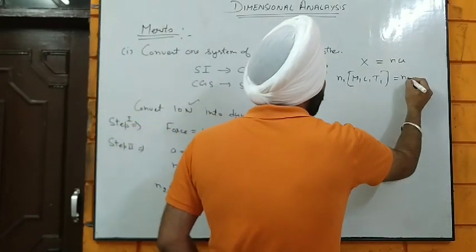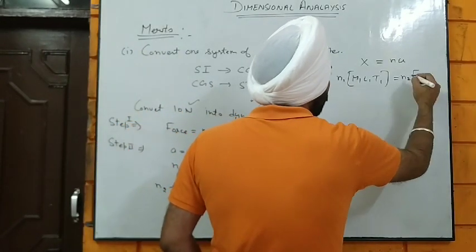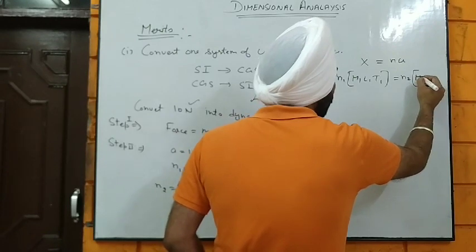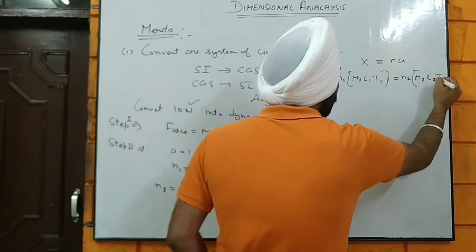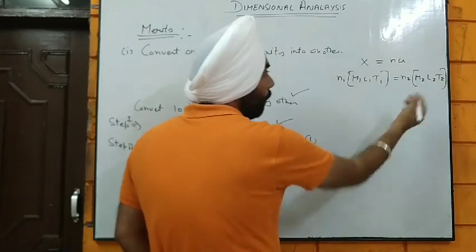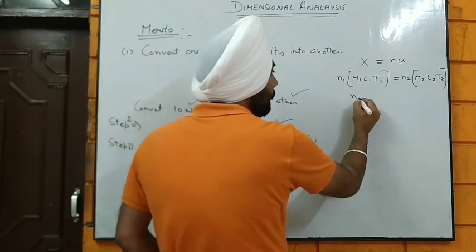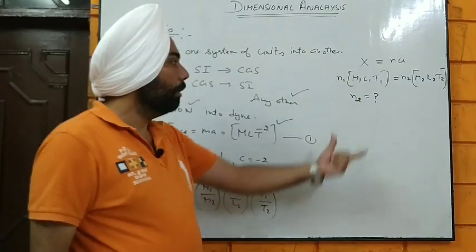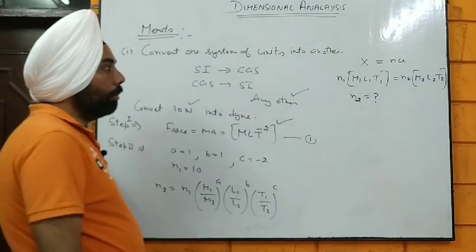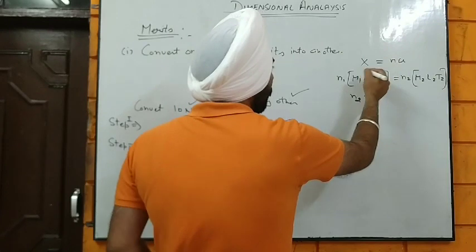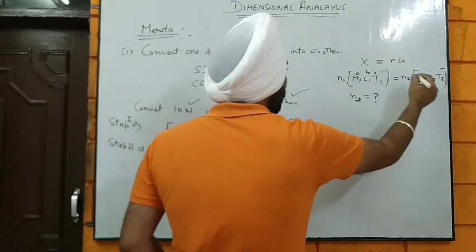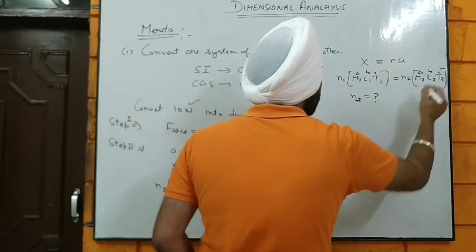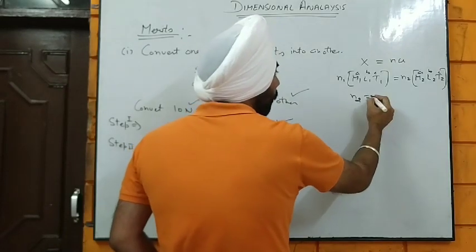Similarly n2 goes with M2, L2 and T2. The powers are a, b and c. So we can calculate the value of n2 from here.